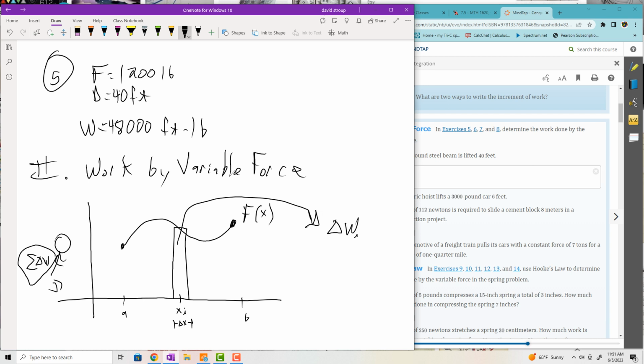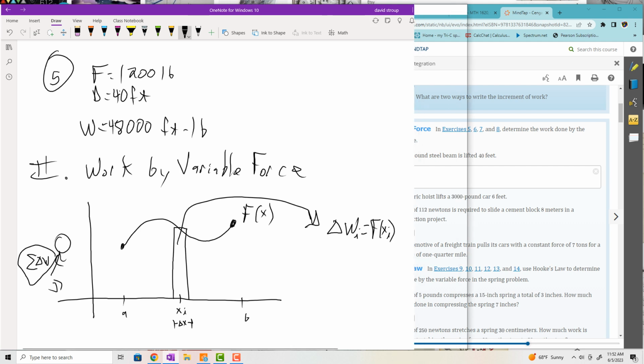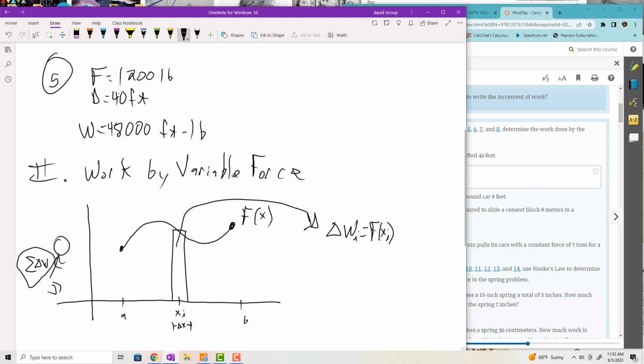The work element now, instead of what we saw before, maybe an area or a volume formula, is a work formula. That's just going to be f of x sub i, the amount of force required to move it in that interval, times the distance traveled. The distance in that little increment is just change in x.